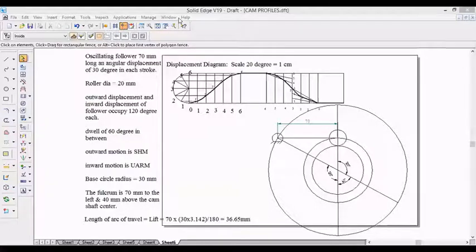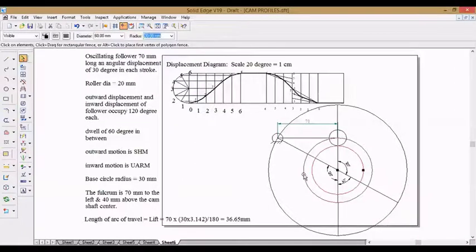Now to draw the profile, see the procedure is a little bit different. You need to divide this pivot circle into equal parts, not the base circle, not the prime circle. In your knife edge follower, you divided the base circle. In your roller follower, you divided the prime circle. Now for oscillating follower, you need to divide the pivot circle.